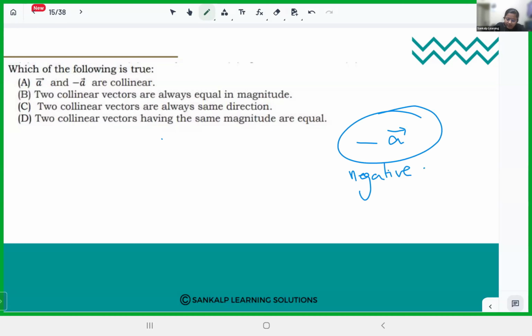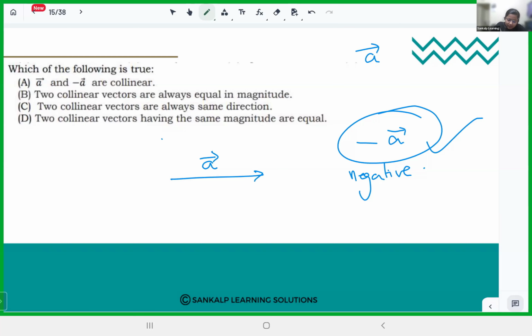So this is our vector A, and minus A is the negative of that same vector. It will have the same magnitude, but a different direction. That is what a negative vector means. So if you consider this one as vector A, then what will be minus A?